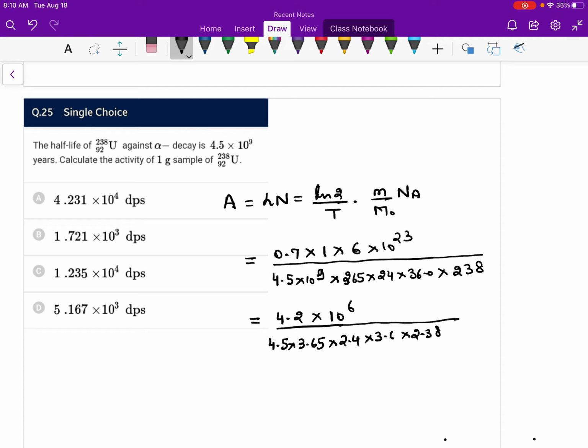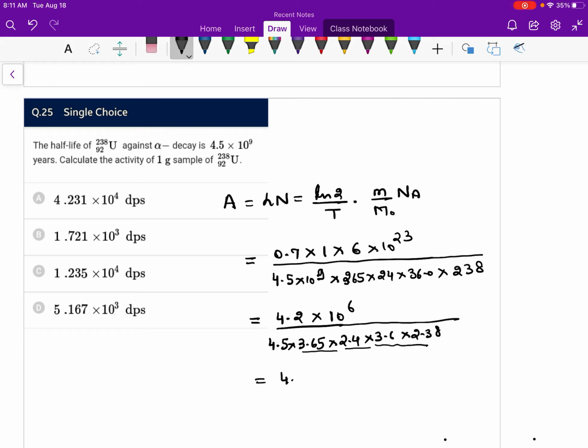So 3 2s are 6, 2s are 12, 3s are 36, and 4s are 144. Of course this number will be greater than 144, that is 1.44.